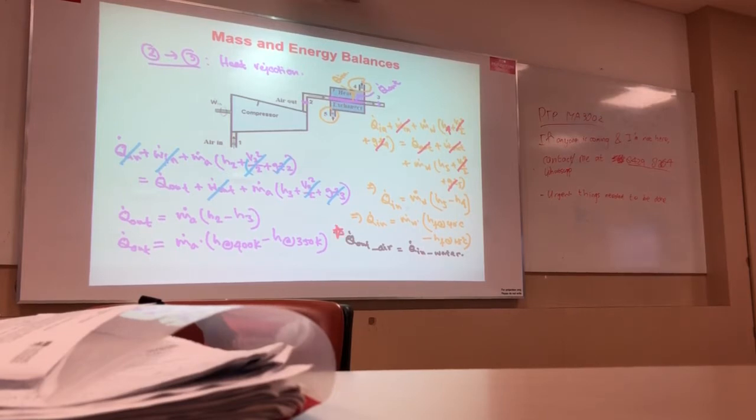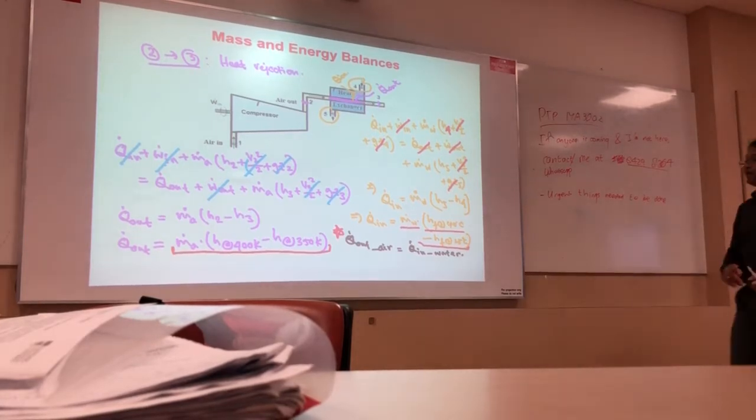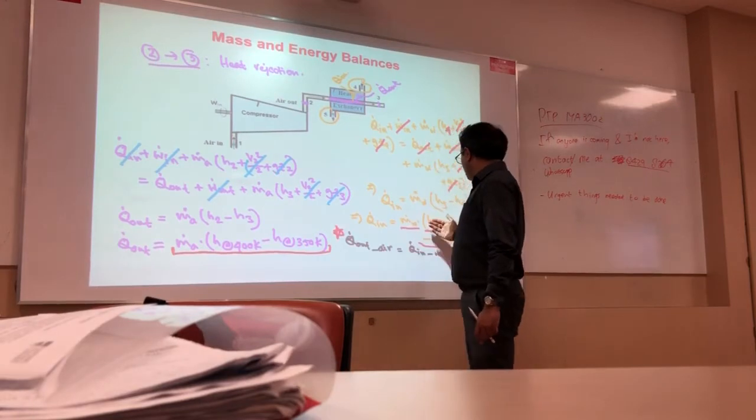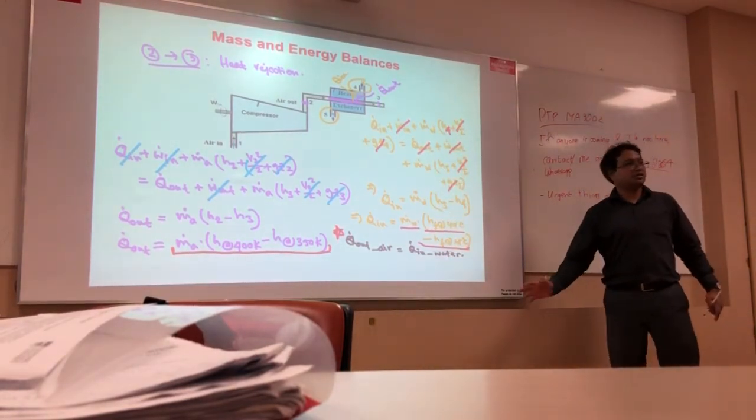Then I can say m dot water times this value is equivalent to m dot air times this value. Correct. Now I can easily calculate m dot water because I know everything from the table. And the question is solved.